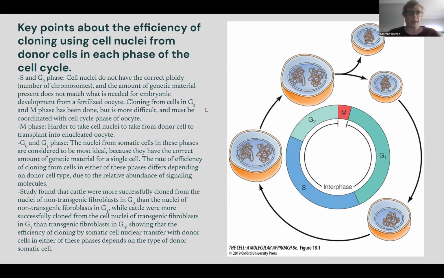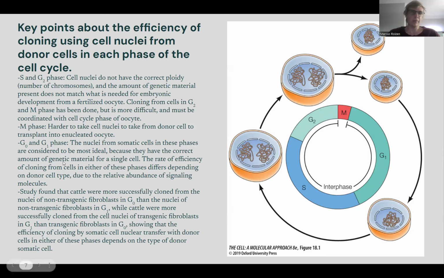And the normal amount of genetic material in fertilized eggs is compatible with the amount of genetic material in G1, making G0 and G1 phase the best phases to take cell nuclei from in general, just because they have the right amount of genetic material.